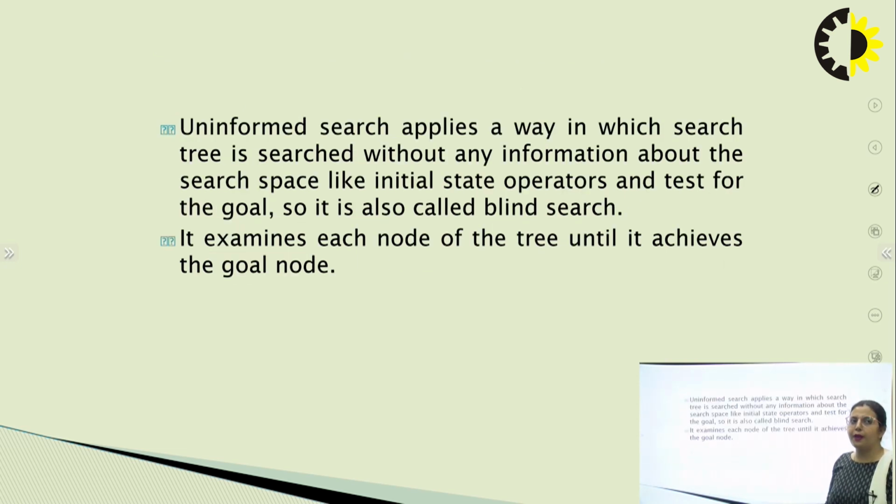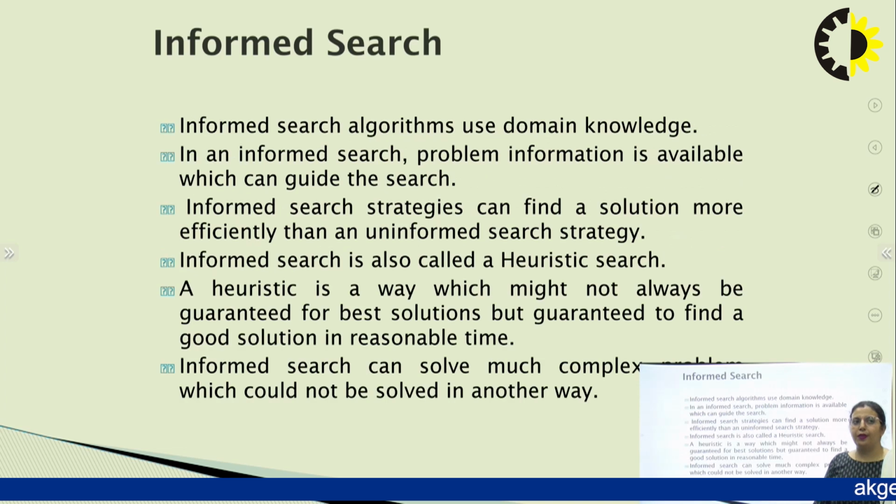This technique is applied in searching problems where there is no information about the search space and initial operators. We start searching for the goal node using blind search, so it examines each node of the tree until it achieves the goal node.